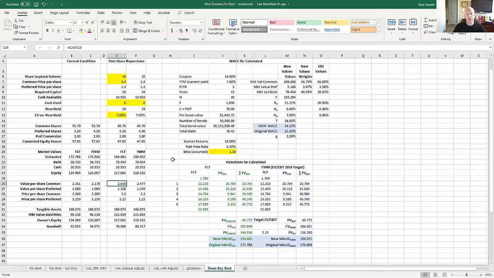So if it had done something other than improve my condition here, so if it had done something other than give me a better percentage ownership of the whole company, or if it hadn't given me a better overall financial standpoint, part of which is reflected in this per common share value, then the board of directors would have had to say, no, don't do this.